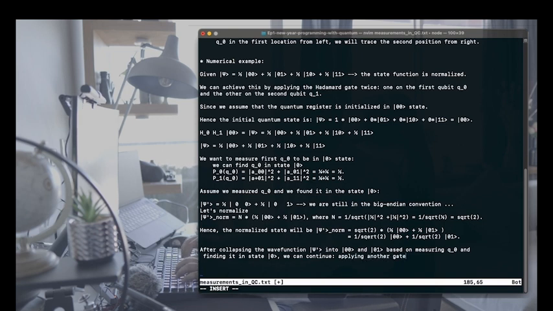We can also carry on and continue applying, for example, another gate or operator, and then we can measure Q0 again, or even measure the other qubit Q1 using the same approach.